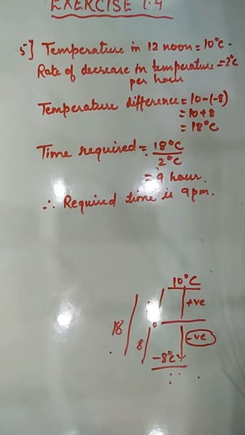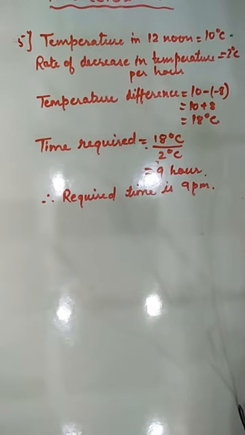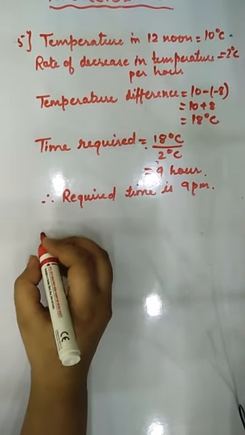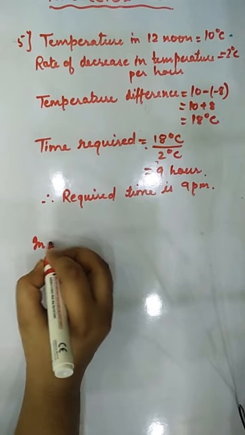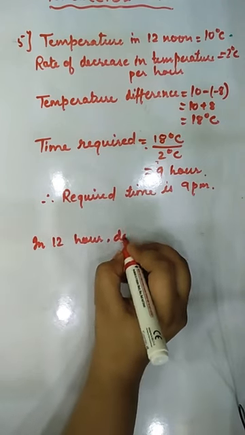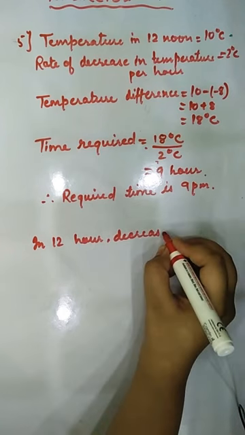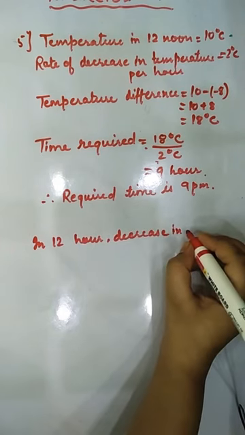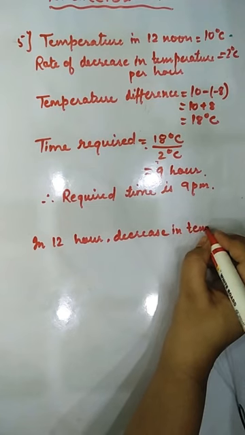Now they are saying what will be the temperature at midnight. So 12 noon to 12 midnight, how many hours is it covering? 12 hours. In 12 hours, the decrease in temperature will be how much? Per hour it was 2 degrees Celsius.